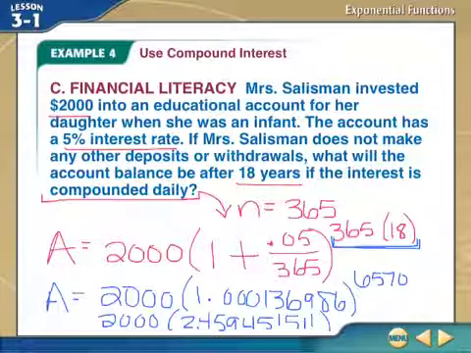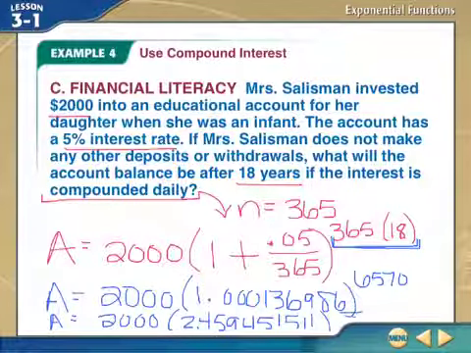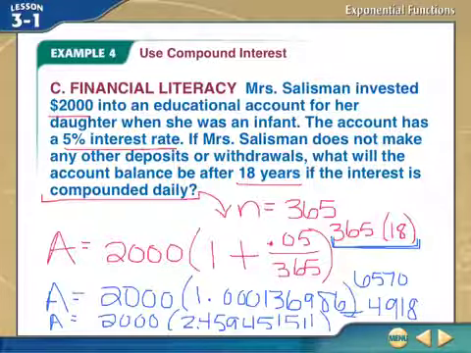I'm using all these decimal places to get the most accurate answer I possibly can. And I get an amount of $4,918.90 after 18 years.